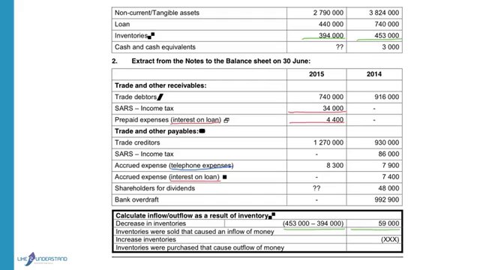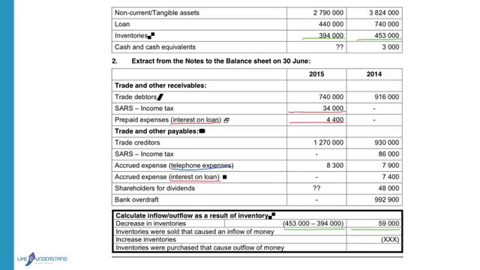Then before I determine whether this is an inflow or outflow, I must think logically. So if the inventories decrease, it means that we sold inventories, and if we sold inventories, it was an inflow of money. That's why this 59,000 is positive.